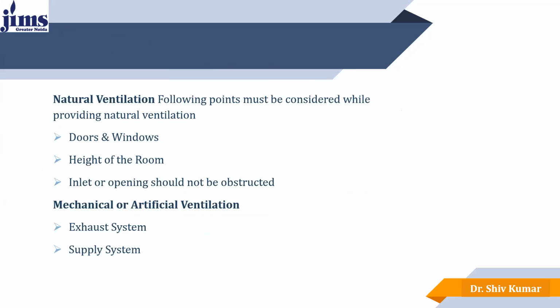When we make the provision of windows and doors, because doors are required to enter the room and windows are required to get sunlight and also to get the fresh air from outside, so that exchange of the gases can take place.